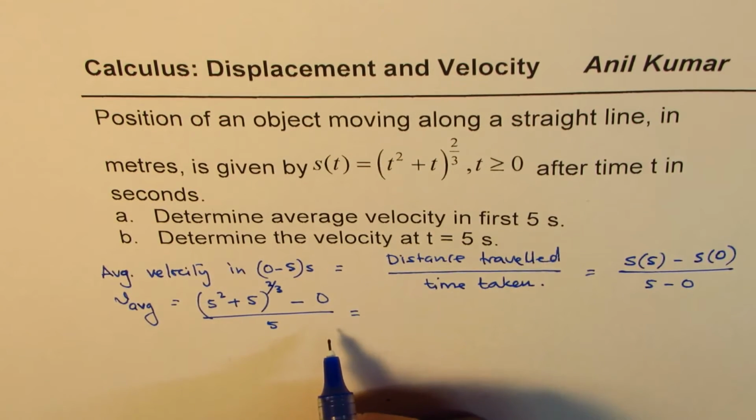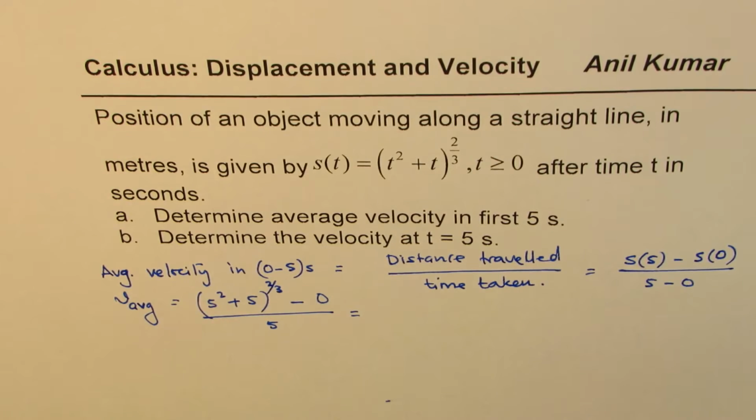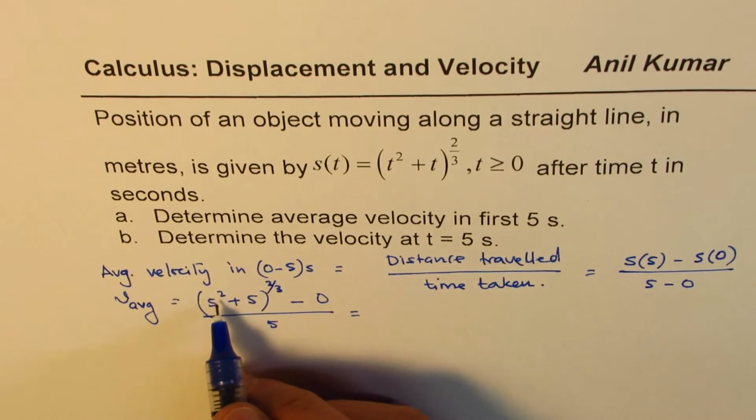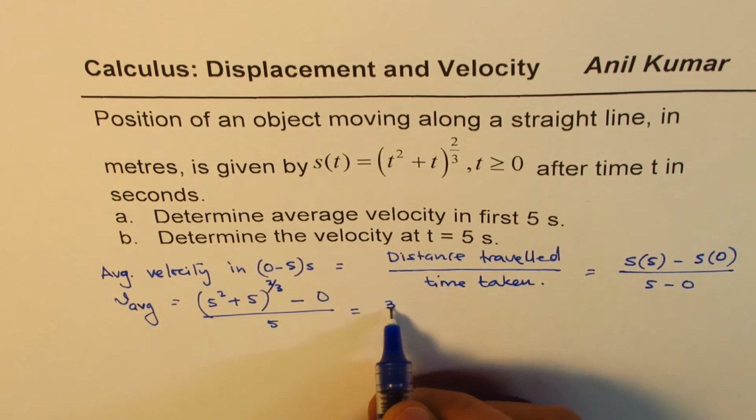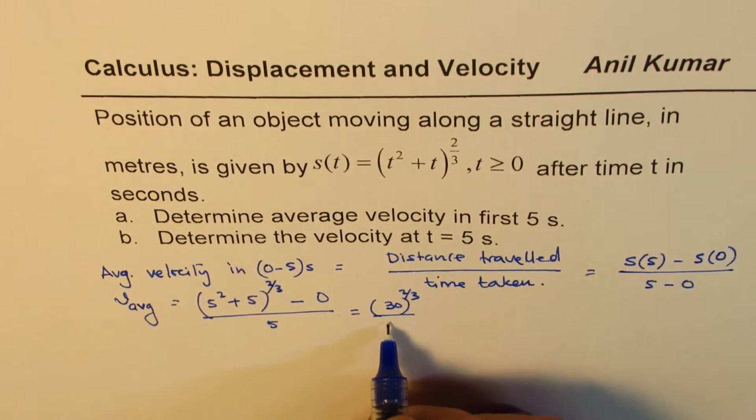And we can take the calculator and calculate this answer. That is basically 25 plus 5, which is 30 to the power of 2 over 3, divided by 5.